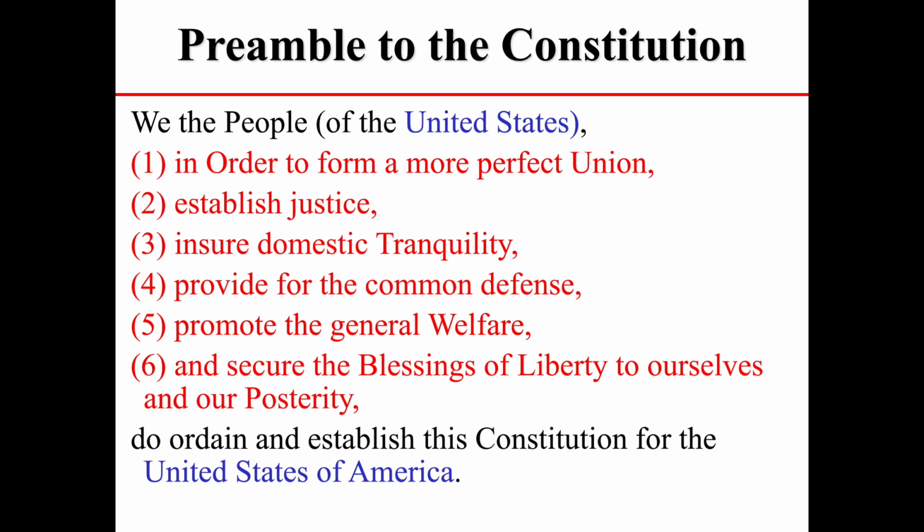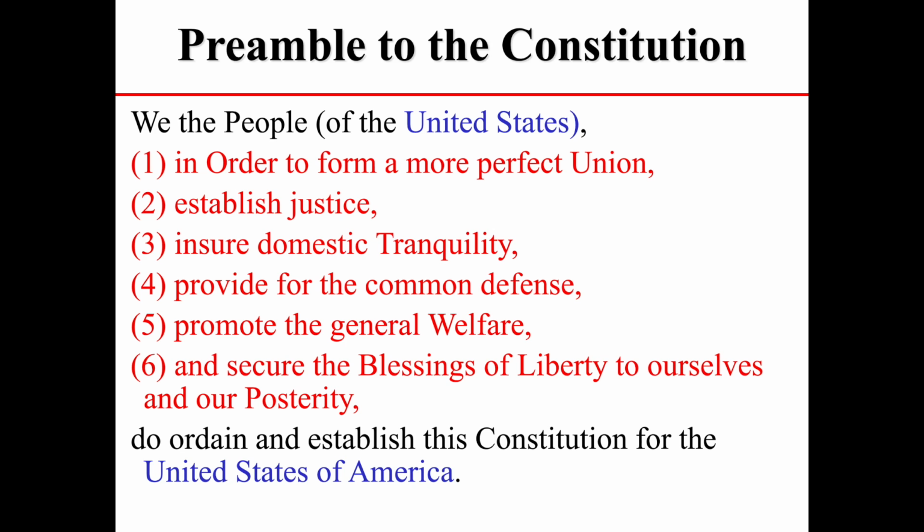Provide for the common defense. That could be foreign people that might try to do us harm, or countries, or even domestic. And then promote the general welfare. I always think that 5 and 6 really are connected. Well, they're all connected, but 5 and 6 really go well together.